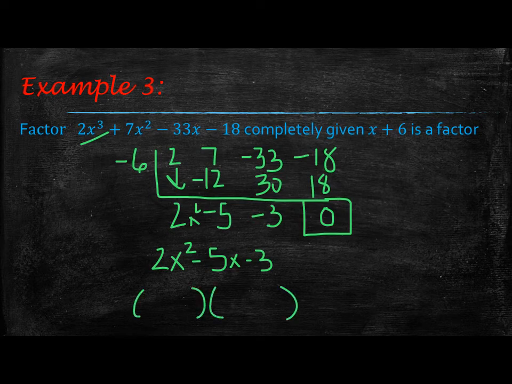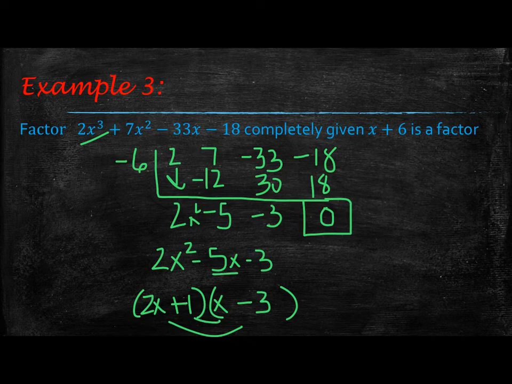So now we're going to take that answer and factor it. We know we're going to have 2x and x, and we're going to have minus 3 here and plus 1 here. That way we get a negative 6x, positive 1x, which adds up to negative 5x.